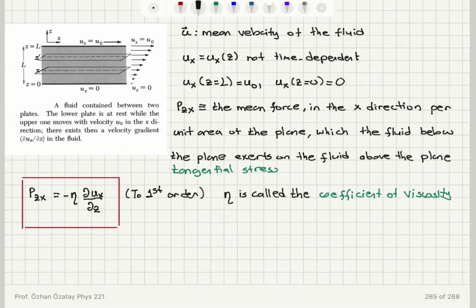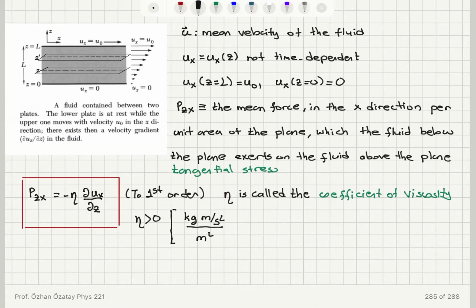And eta is defined as a positive constant. It depends on the fluid. And if you look dimension-wise at what eta should be, we have force per area, so kilograms, F equals ma, kilograms meters per second squared divided by meters squared, that is the dimension of Pzx.